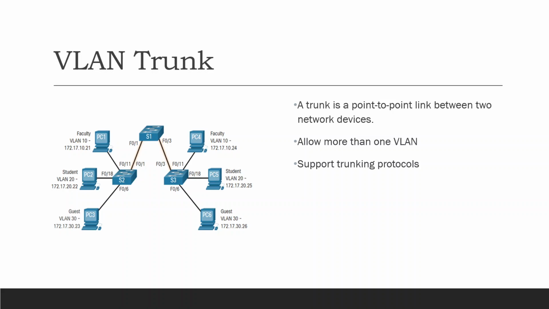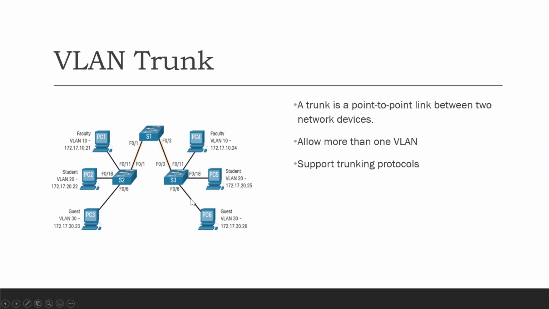It is used to carry traffic for more than one VLAN. The links connected to PCs only carry traffic for one VLAN, so those interfaces are known as access ports. So interfaces F0/11, F0/8, F0/6, even on the other side of the connection, only carry traffic for a single VLAN.